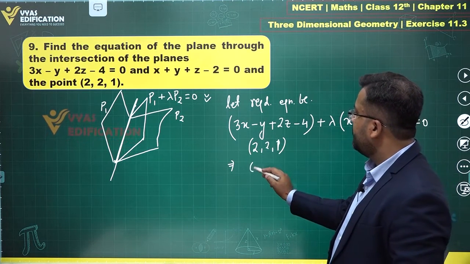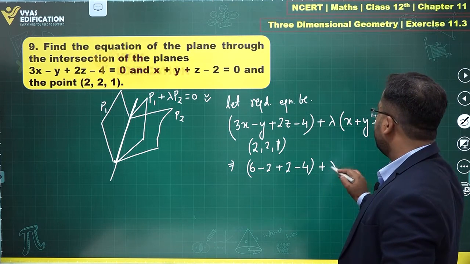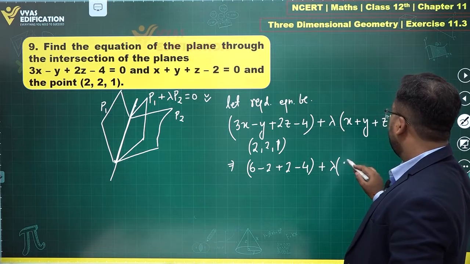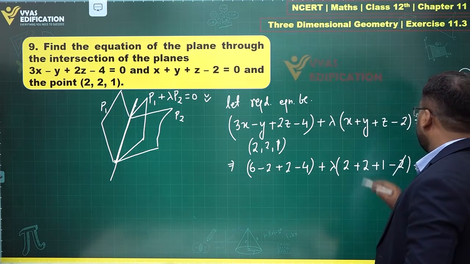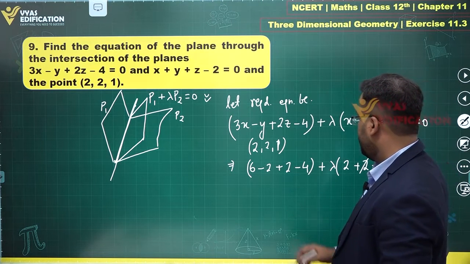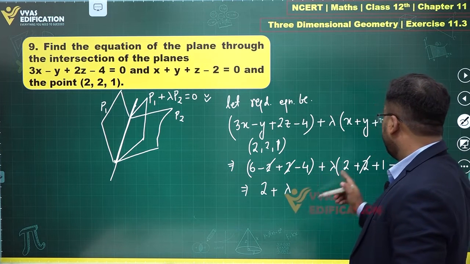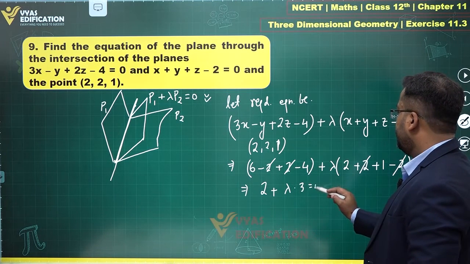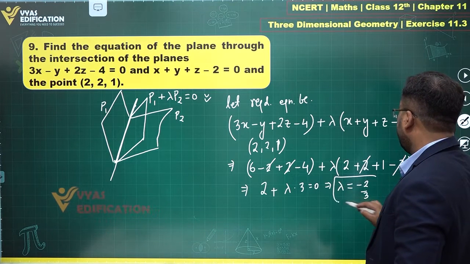Yes, this is 6 minus 2 plus 2 minus 4 plus lambda times 2 plus 2 plus 1 minus 2 is equal to 0. Minus 2 plus 2 goes away. This is 6 minus 4 is 2 plus lambda times, what is this, 3. So that tells me lambda will be equal to minus 2 by 3.